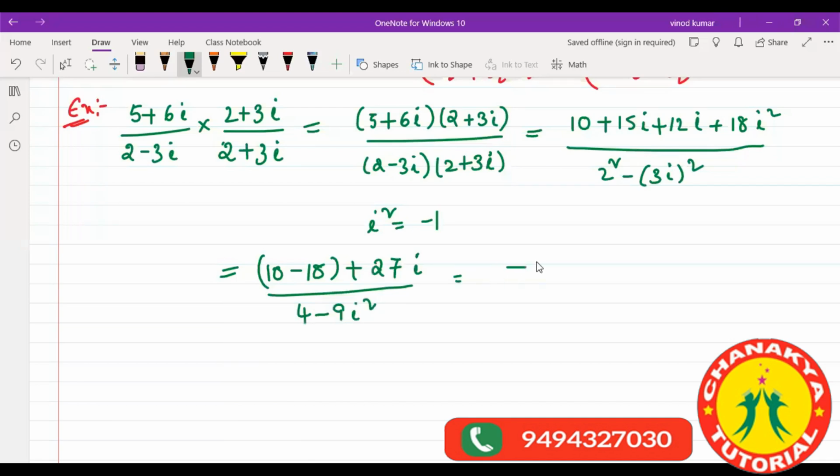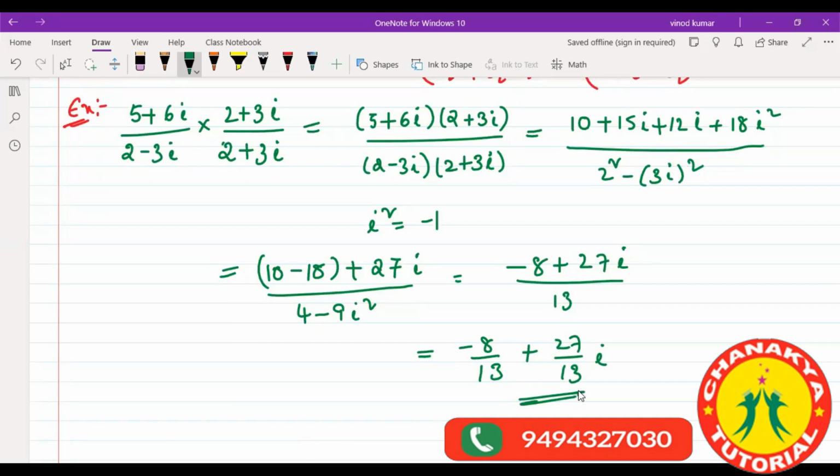So this is minus 8 plus 27i over, with i square equal to minus 1, minus of minus is plus, 4 plus 9 is 13. So minus 8 by 13 plus 27 by 13 into i. This is a complex number. That's enough.